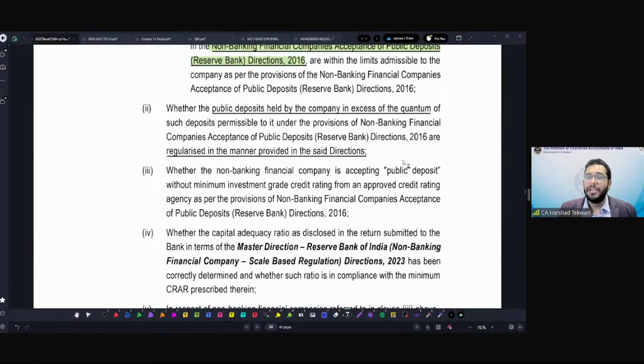Regularized either means returning, or increasing your limit by complying with certain norms and regulations. So the second point is threshold and regularization of deposit. That is where the auditor needs to report.